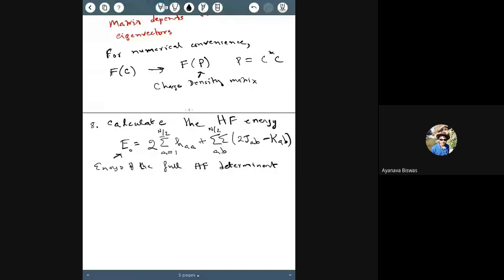Once you have reached convergence, you can compute the full energy. You can also keep computing it at every iteration, and you will notice that with iteration, E0 becomes lower and lower till it converges.